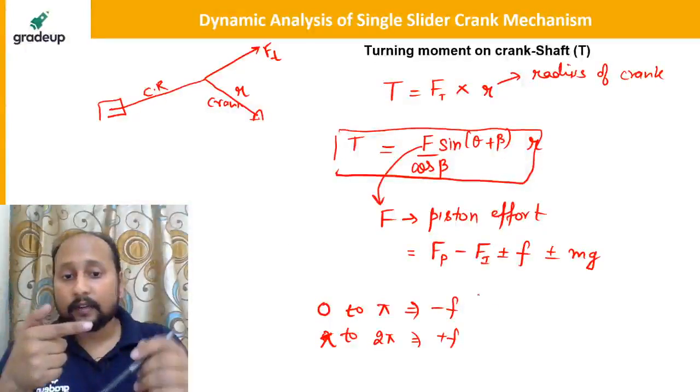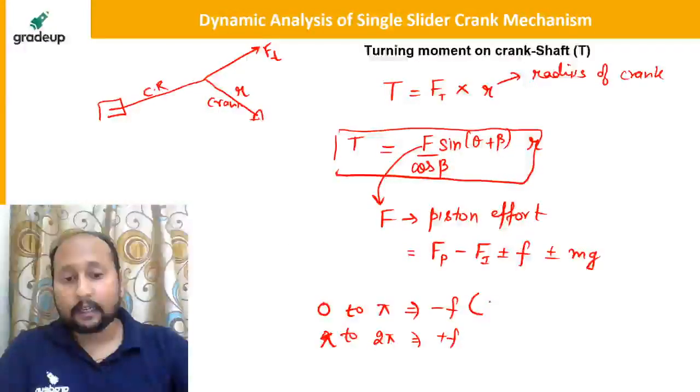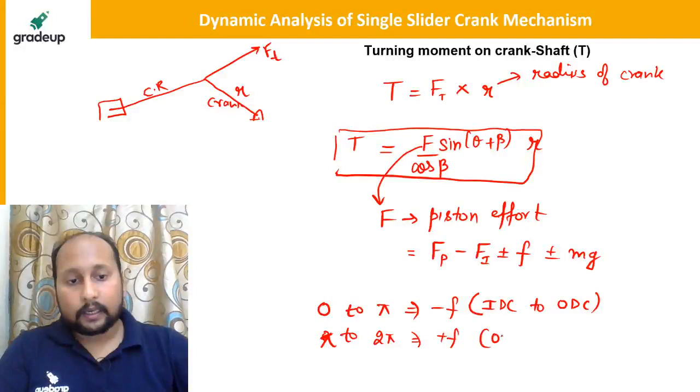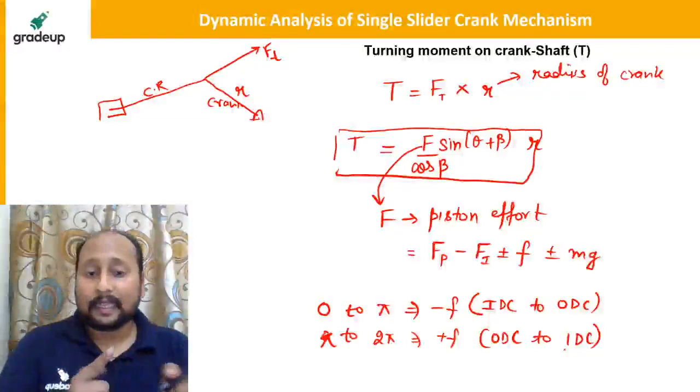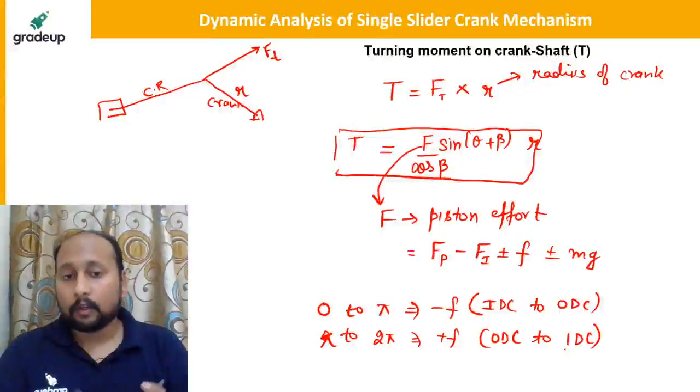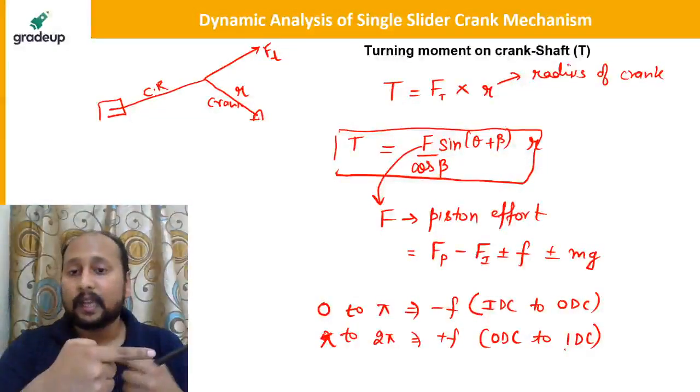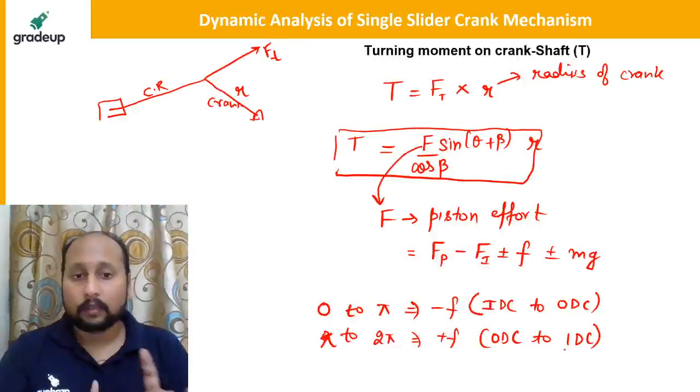Let me write it here so that you have clarity: inner dead center to outer dead center, and in this case outer dead center to inner dead center. That is why we have a plus sign. We see everything with respect to the pressure force, because we assume the net force is acting in the direction of the pressure force. Clear? That is piston effort.